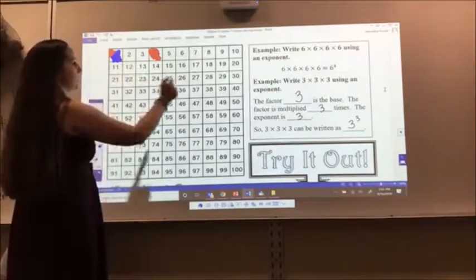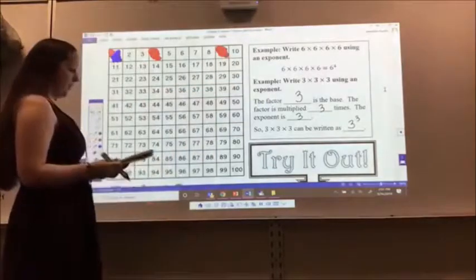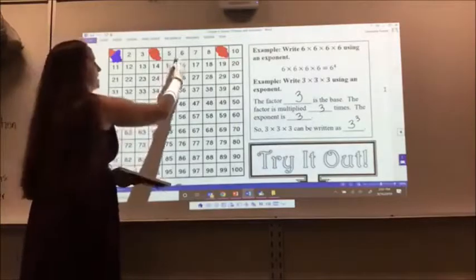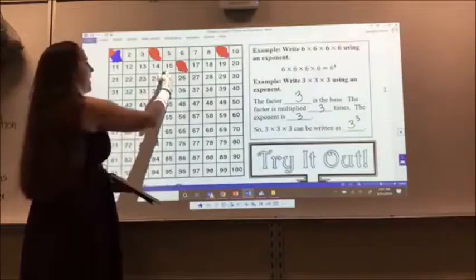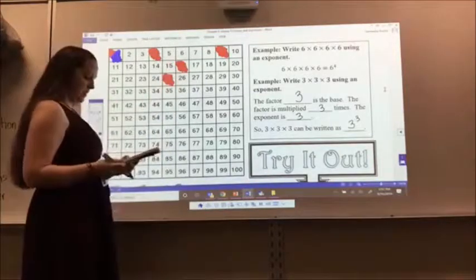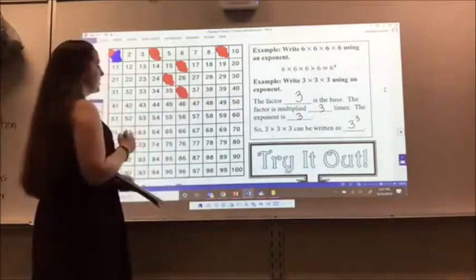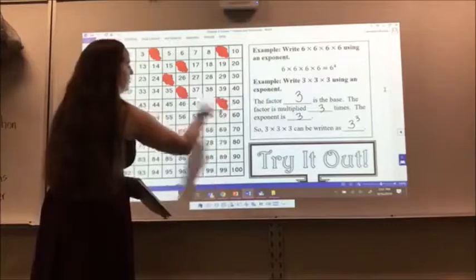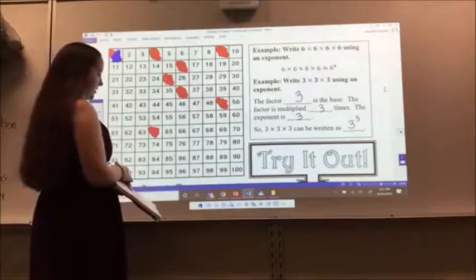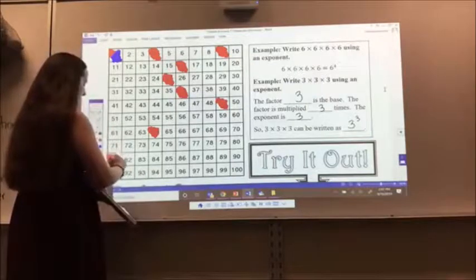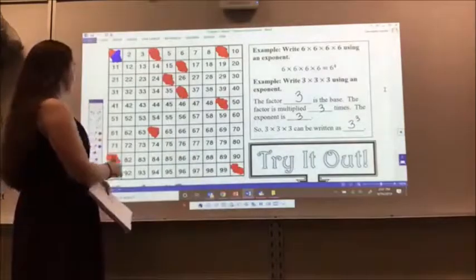Three squared gives us 9. 4 squared gives us 16. 5 squared gives us 25. 6 squared gives us 36. 7 squared gives us 49. 8 squared gives us 64. 9 squared gives us 81. And 10 squared gives us 100. Okay, so those are all my red ones.